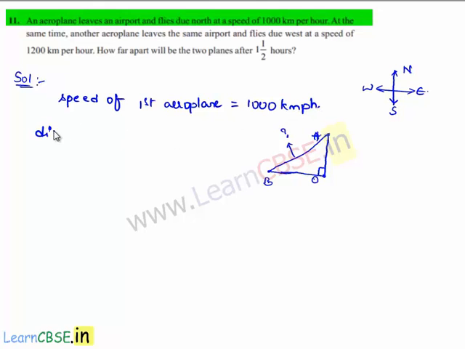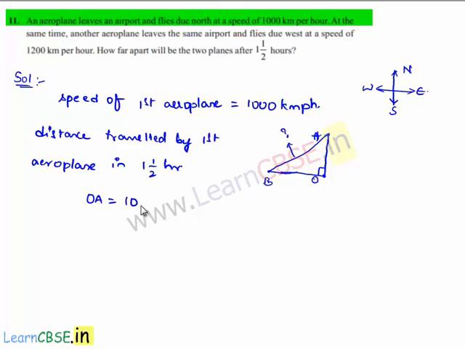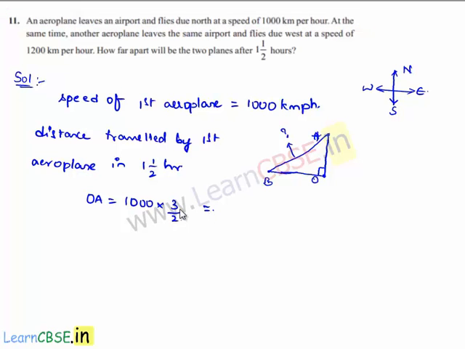So now the distance travelled by the first aeroplane in 1.5 hours will be OA, that is equal to 1000 into 1.5 hours, which is nothing but 3/2, which is equal to 1500 kilometers. So we got OA as 1500 kilometers.